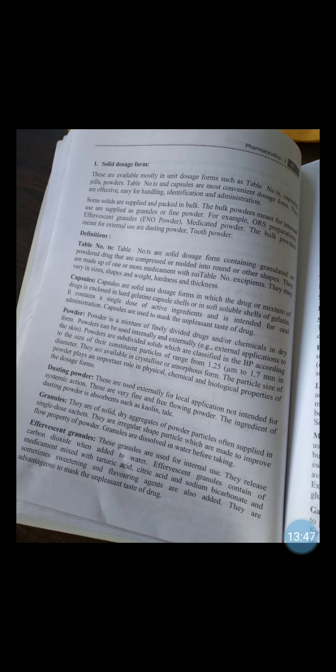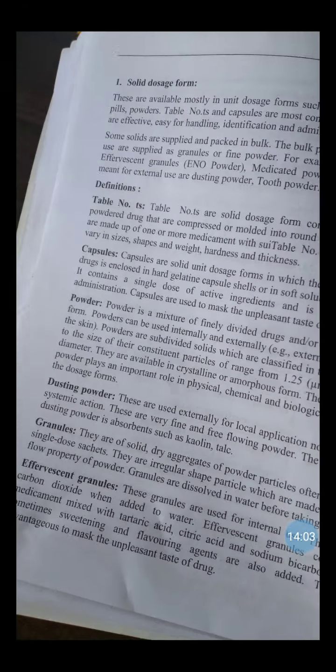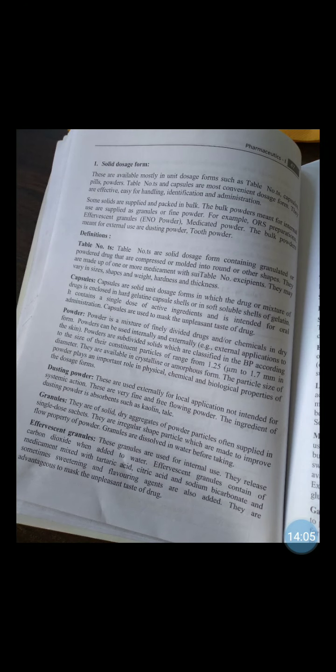For example, external application is used for skin. Powders are subdivided solids which are classified in the BP, British Pharmacopoeia, according to the size of their particles, which ranges from 1.25 micrometer to 1.7 mm in diameter.